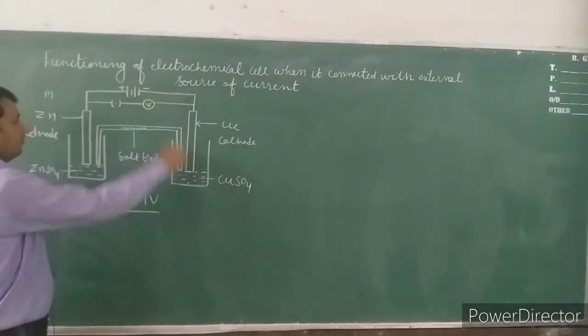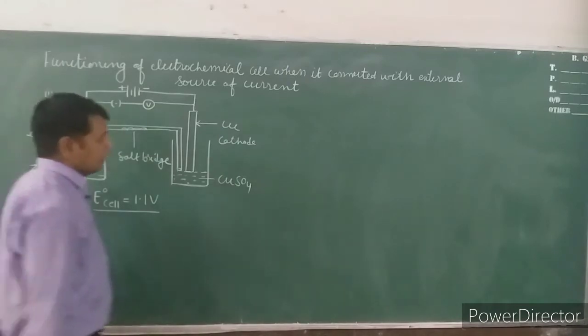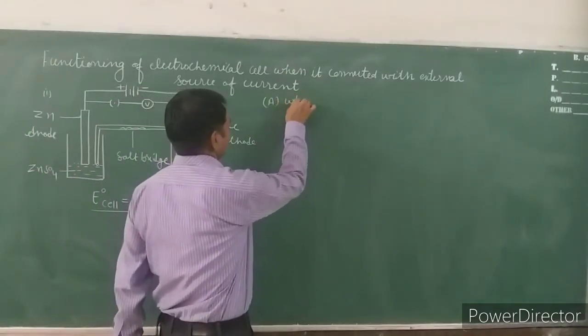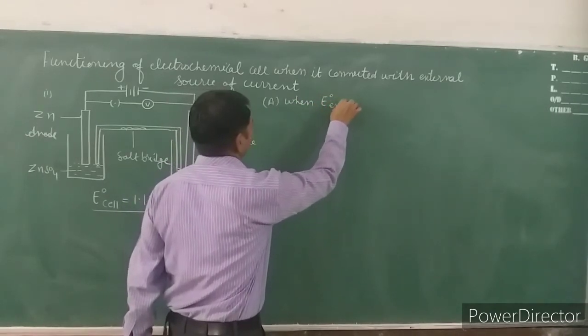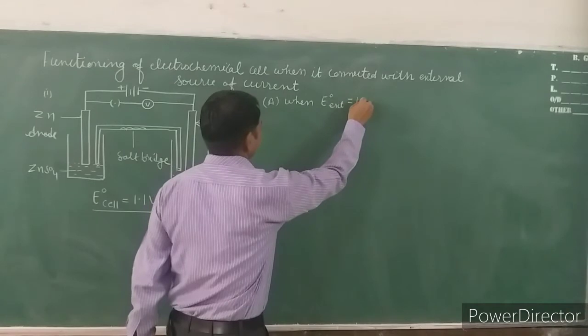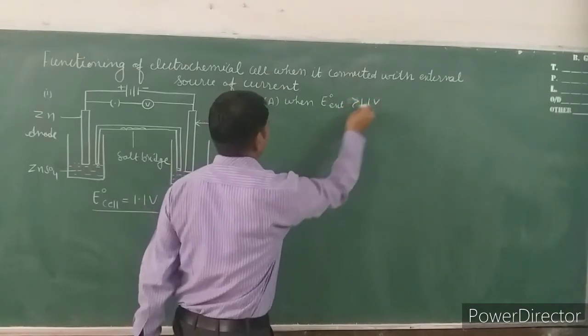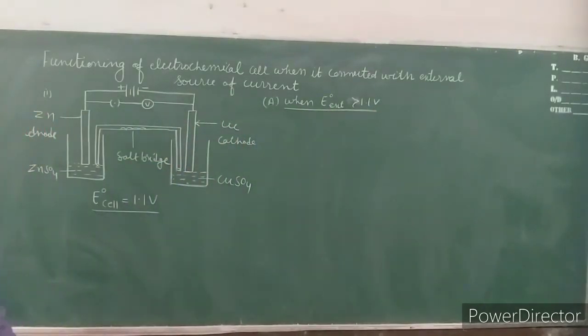Now, there are three conditions. The first condition is when E standard external is greater than 1.1 volt. What will happen? This is the first question.